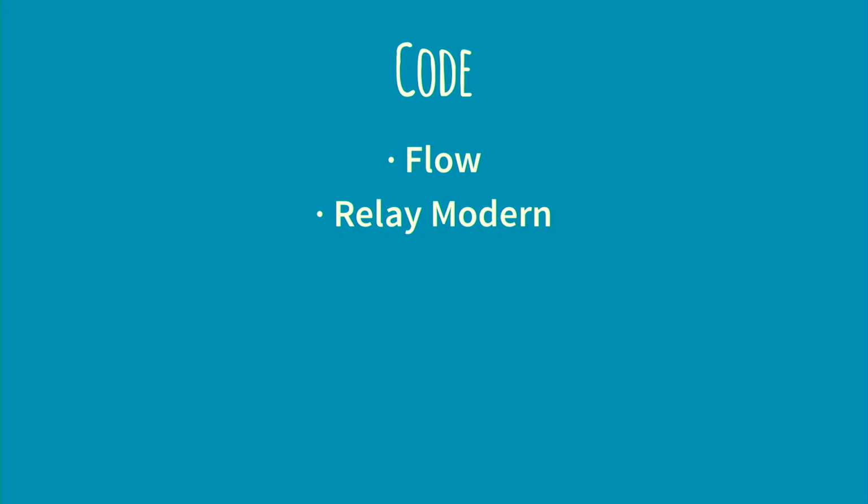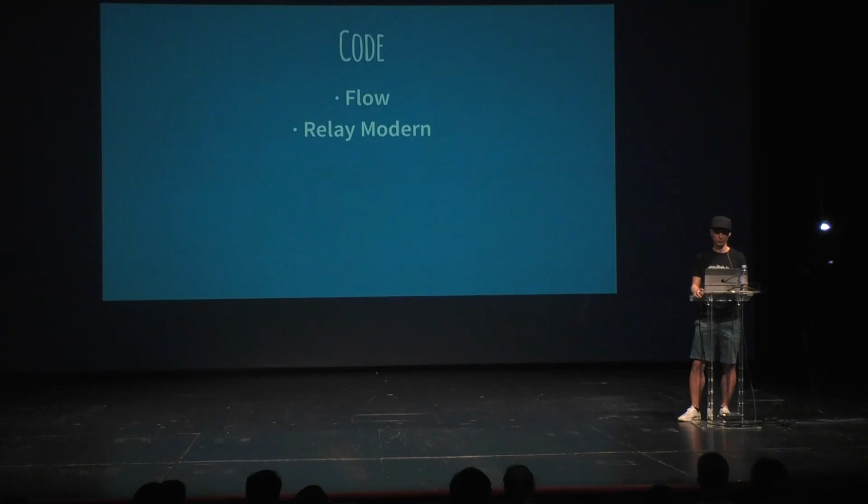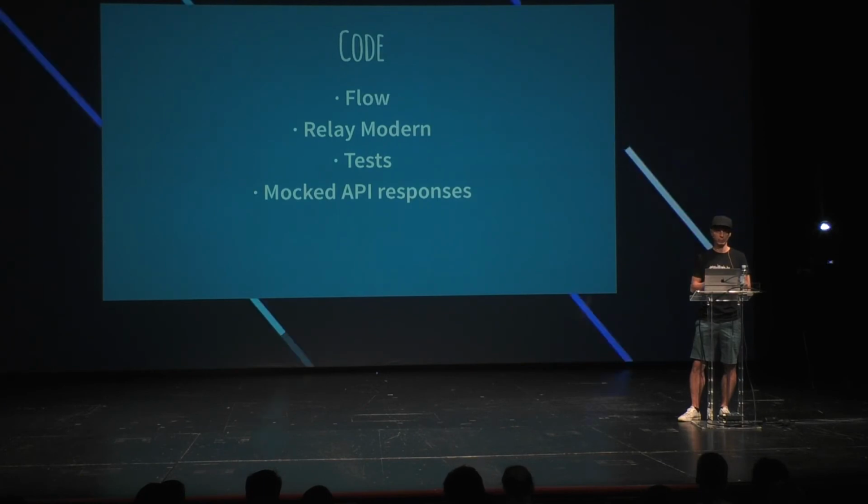And Relay also generates Flow types from the schema, so you get handy types when you are using GraphQL in your code. We are doing a lot of tests because we can use mocked API responses, and Relay is pretty simple to switch, not to make the API call to the server, but to use the mocked response.